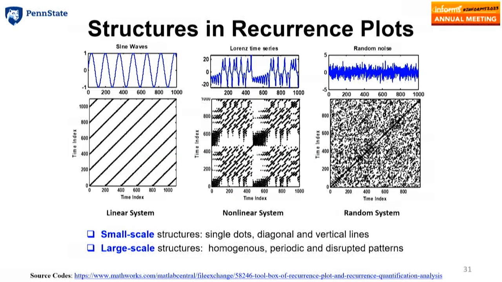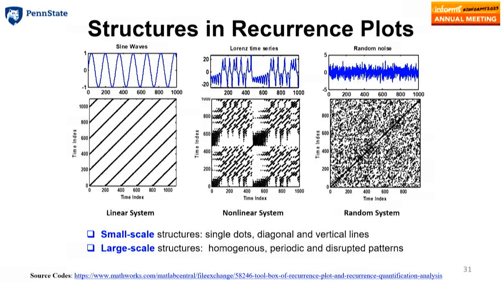There are very intriguing patterns and structures in the recurrence plot. As we can see, if we have periodic systems, like a sine, we see strict lines, because we keep coming back deterministically. And if we have a Lorenz time series, we see intermittent behavior along the diagonal lines, which means the periodicity is disrupted, and we see some breakup of the diagonal lines.